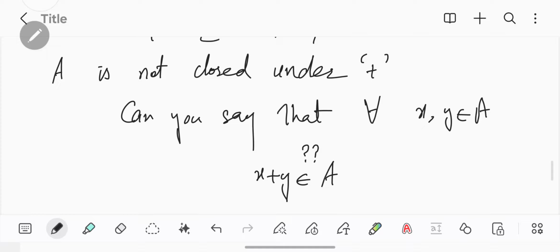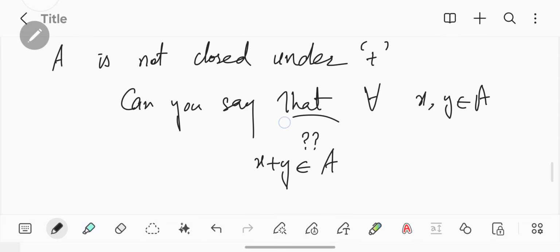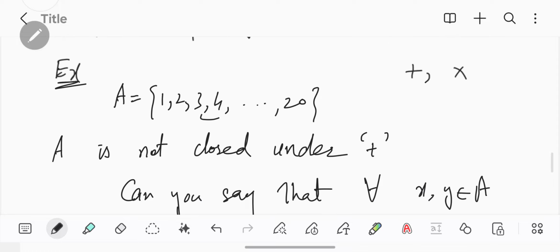I think you must come to know that this is not true, because if you take 10 and 15, both are here in this set.